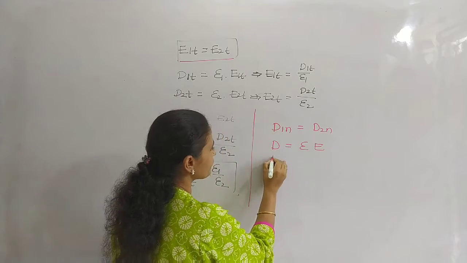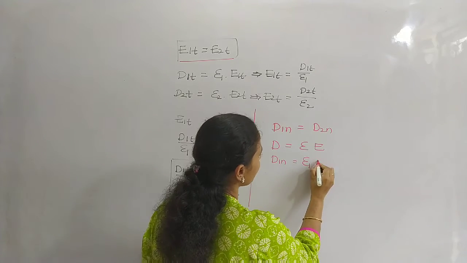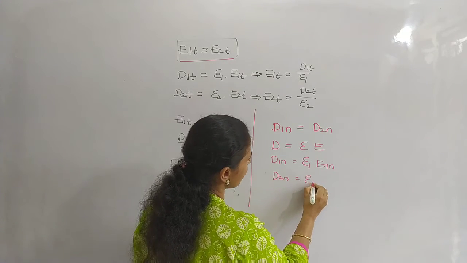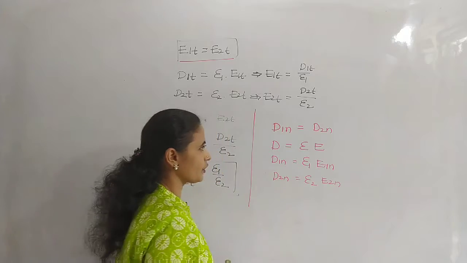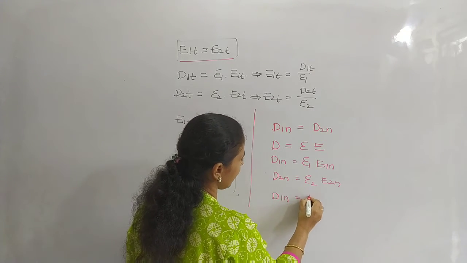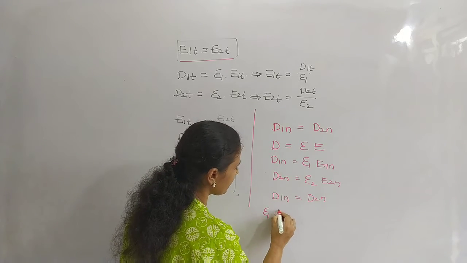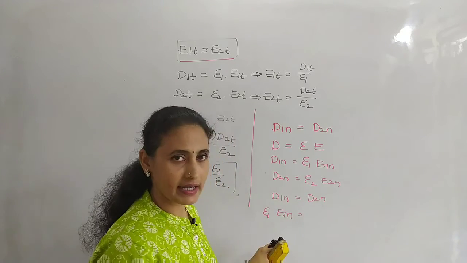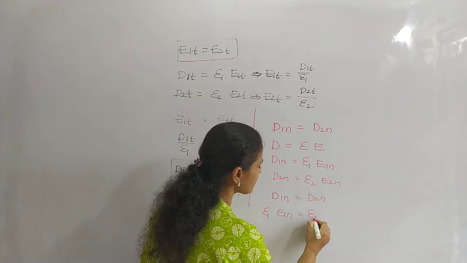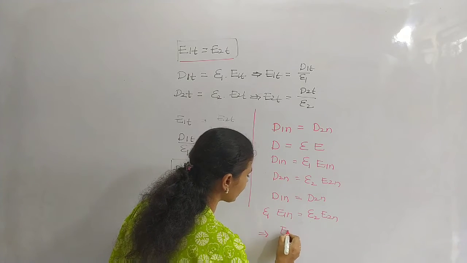D equals epsilon E. So D1N is epsilon 1 times the normal component of electric field in the first medium, and D2N is epsilon 2 times E2N. Both the normal components are the same: D1N equals D2N, that is epsilon 1 E1N equals epsilon 2 E2N.